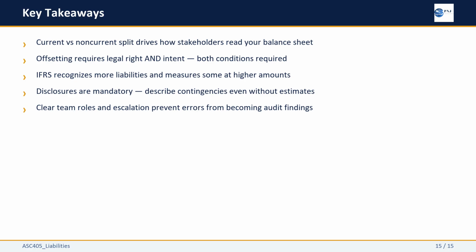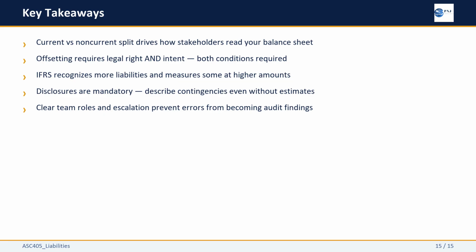Let us land the key points from this section. The current versus non-current classification is not just formatting. It shapes how every lender, analyst, and investor reads your balance sheet. Offsetting is allowed only when you have both a legally enforceable right and the actual intent to settle net. One condition is not enough. Under IFRS, constructive obligations, midpoint measurement of contingencies, and onerous contract provisions mean the balance sheet often carries more liabilities than under US GAAP.